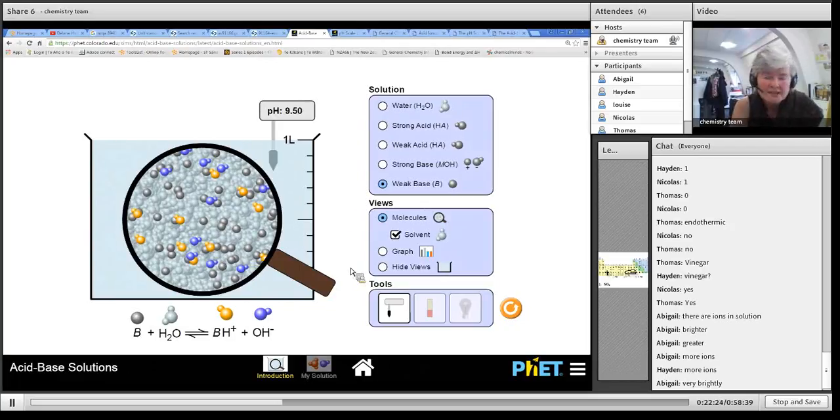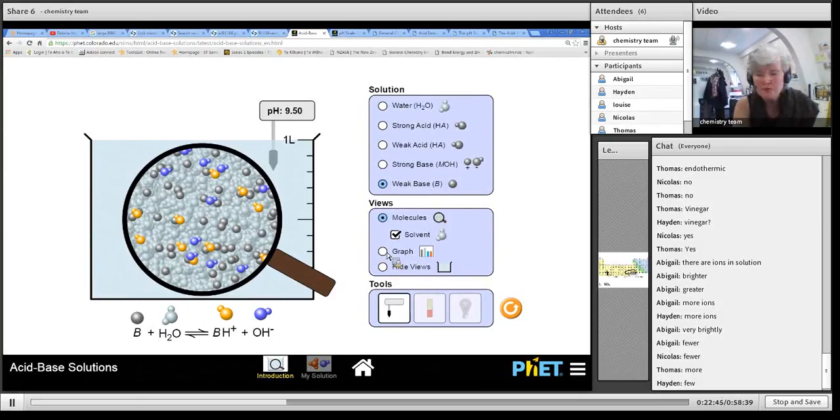So what can you tell me about the hydronium ions? Have I got more hydronium ions or fewer hydronium ions than when we looked at the strong and weak acid? So in other words, if I go to a graph, it'll be fewer.